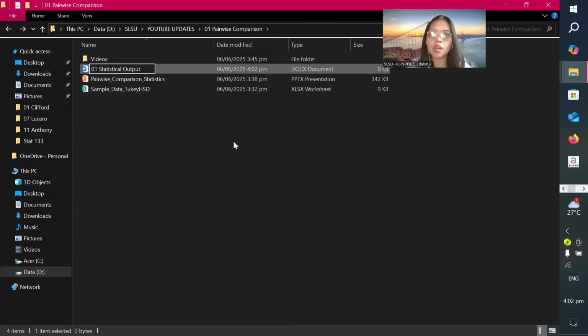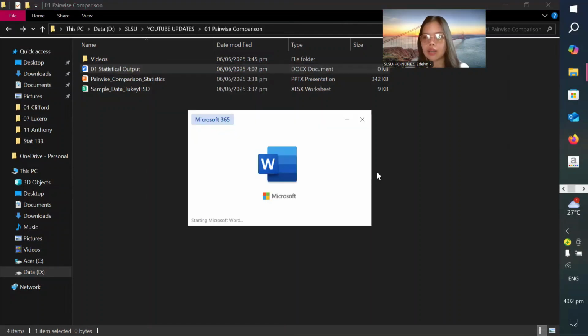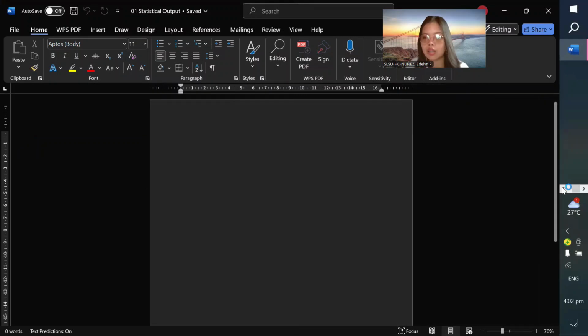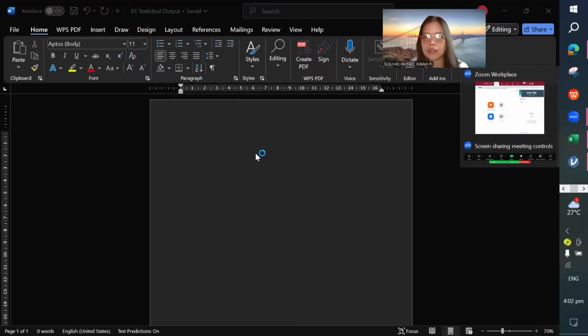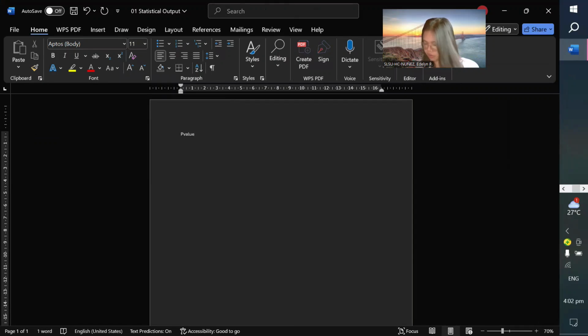This is where you put all the output from Jamovi. So here we will take note of our universal threshold, the p-value rule of thumb. We have less than 0.05, that is significant.